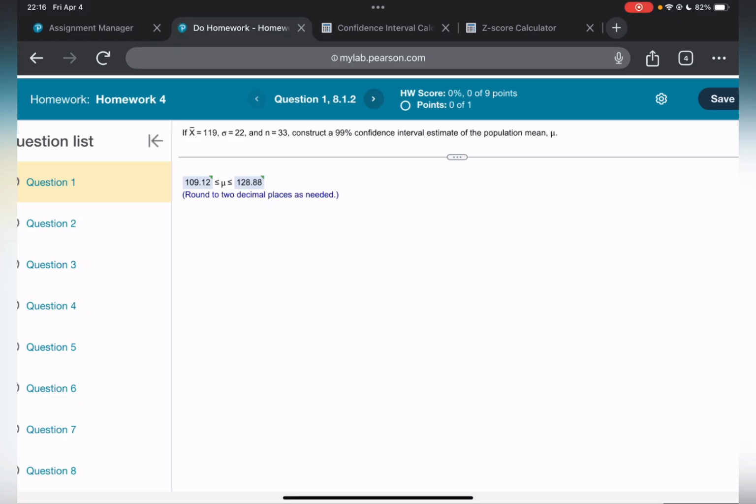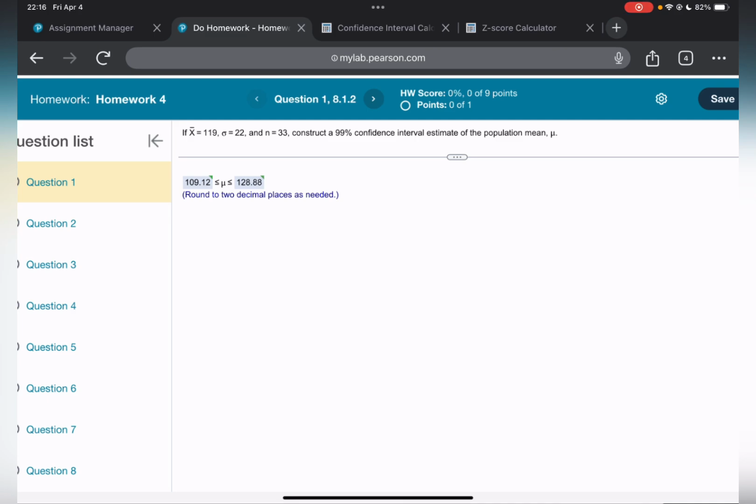Meaning, figure it out with 99% confidence, because you can claim that the mean of the population is within a 99% confidence interval. So the higher the confidence level, the narrower your interval is going to be. If you want a greater interval, then you have to lower your confidence level.